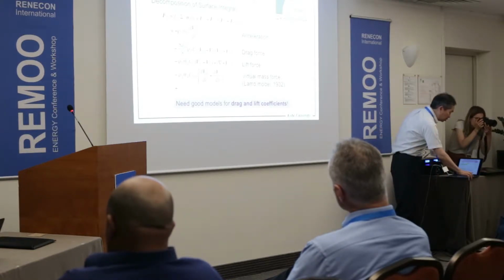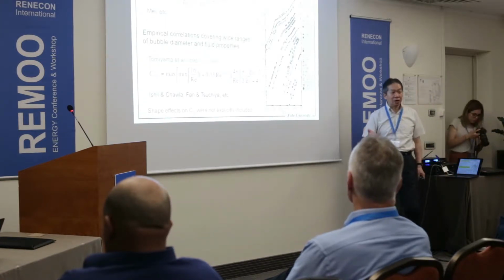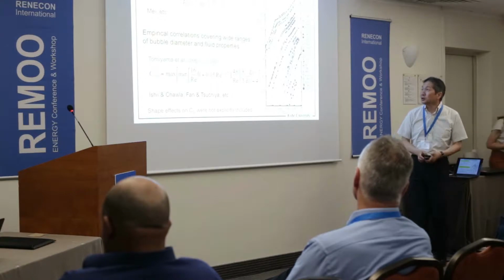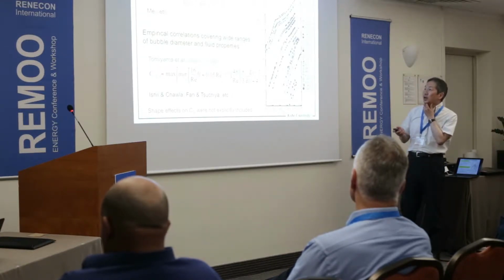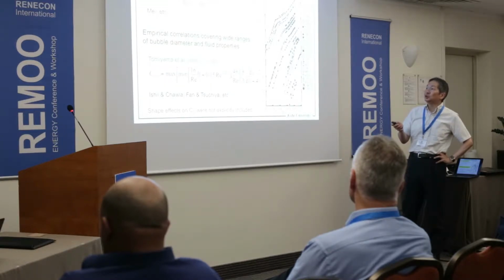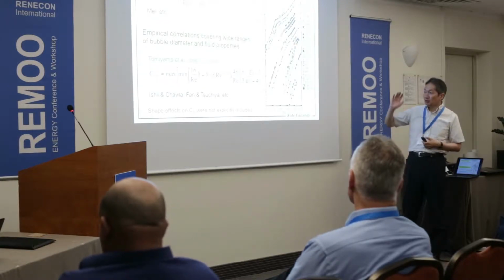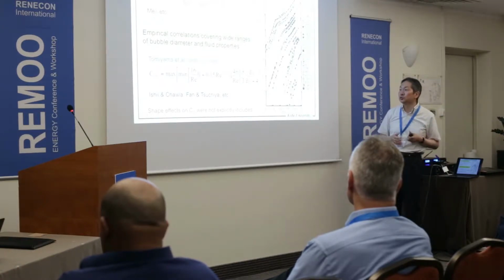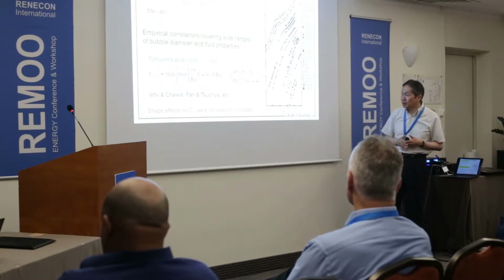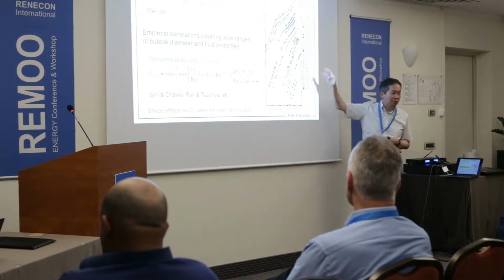We are doing lots of experiments to model these terms for Euler-Lagrange and Euler-Euler simulations. If we look back at the old models like the Adamov-Lipsinski model and Moore's model, we have really good models for low Reynolds number spherical bubbles. But if we go to highly deformed bubbles, there are few models we can use. So about 20 years ago, I proposed a very simple empirical correlation which can cover a wide range of fluid property systems.